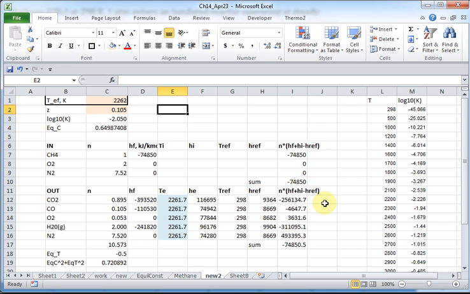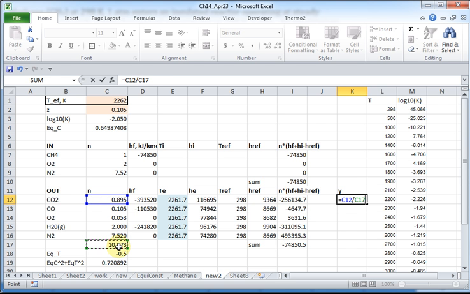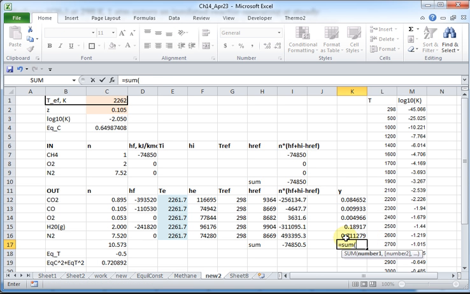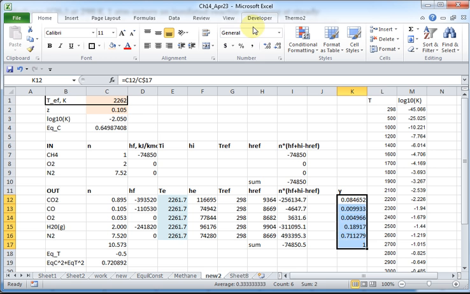What about the fractions? You can just put your answer over here, y, where y is the amount of CO2 divided by the sum. Put that $, drag this down for all of them. Make sure the sum goes to 1. Just to double check, it does. Maybe I want to put those as percentages so I can read it.